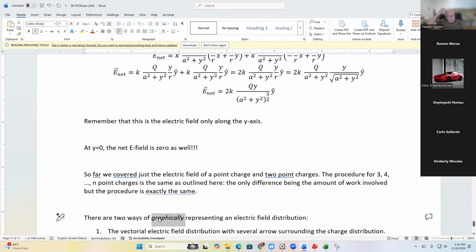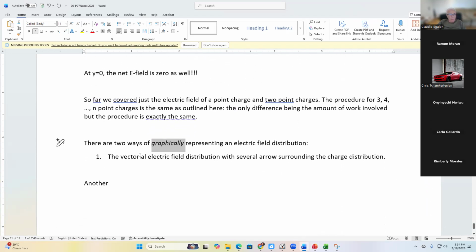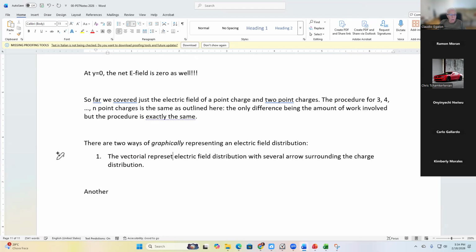But there is also the mathematical representation of the electric field, and so far I told you just about the vectorial representation. One, the vectorial representation of an electric field distribution with several arrows surrounding the charge distribution. And 2, the electric field lines.